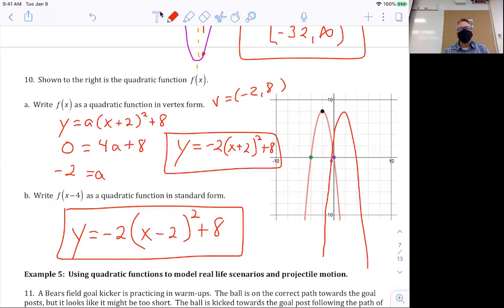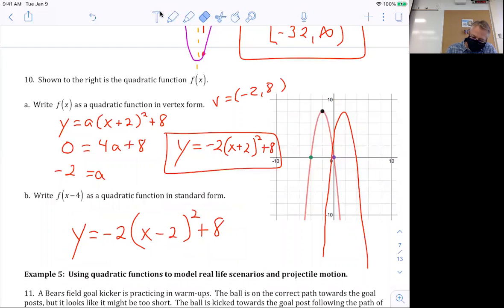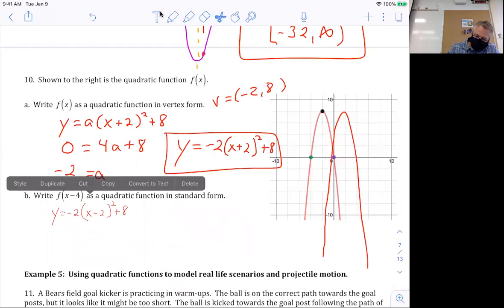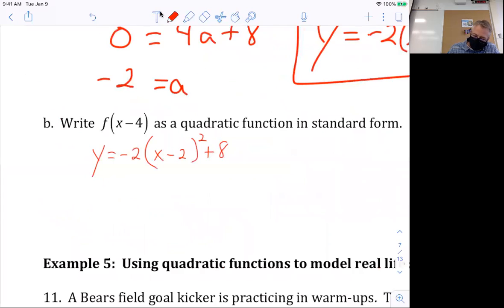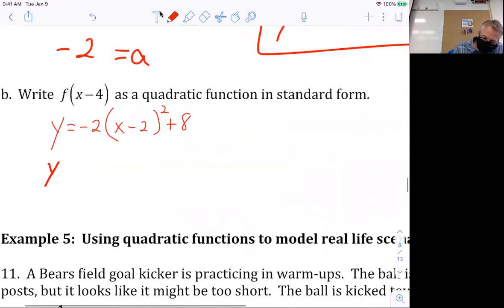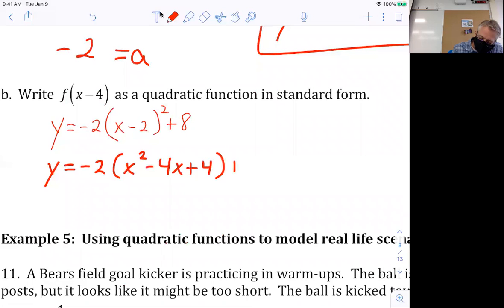That just means that we're going to have to FOIL it out and combine our like terms. So let's take this guy and FOIL it out. I'll do x minus 2 times x minus 2, which will be x squared minus 4x plus 4, and then plus 8 on the end.